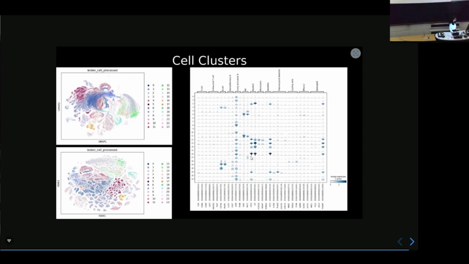So we might guess that we have a good result here or here. We could imagine that maybe cluster 16 has a lot of myeloid cells, and the same thing here. That's the way we decided to proceed.